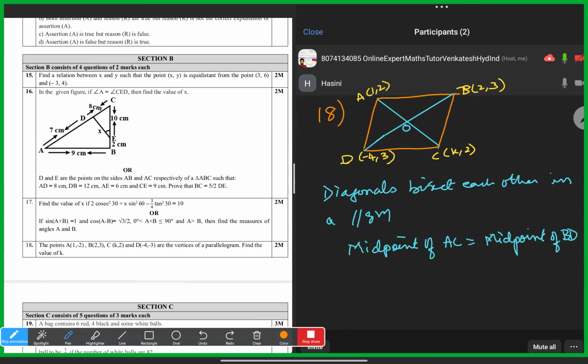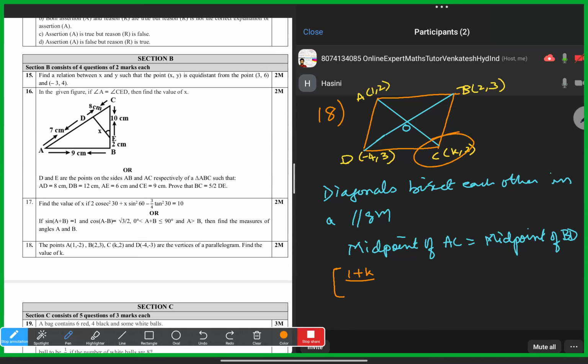Quickly tell me, Hasni, what I have to write now. x1 plus x2 for A and C, Hasni. x1 is 1, x2 is K. Directly imagine it, because we need not write x1, y1 like that. We can save the time for now. Imagine this is x1, y1 and x2, y2 for AC.